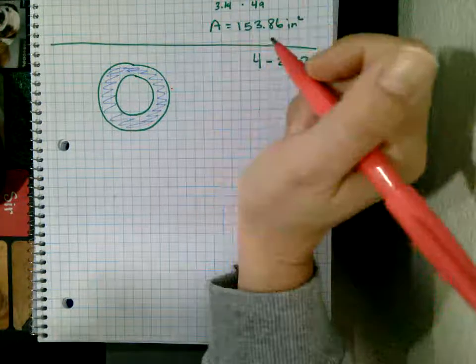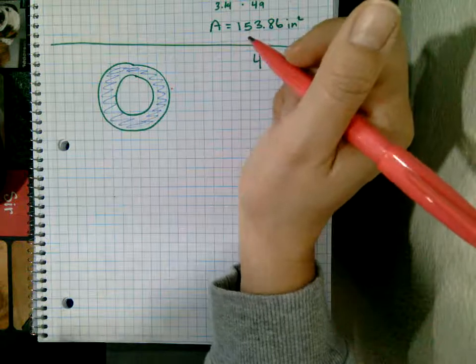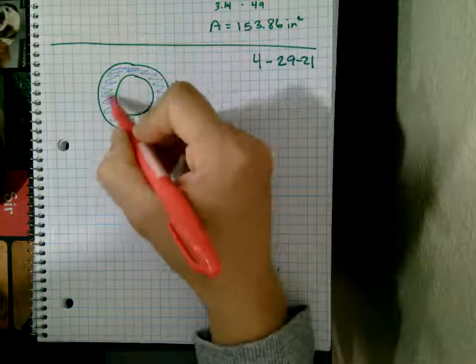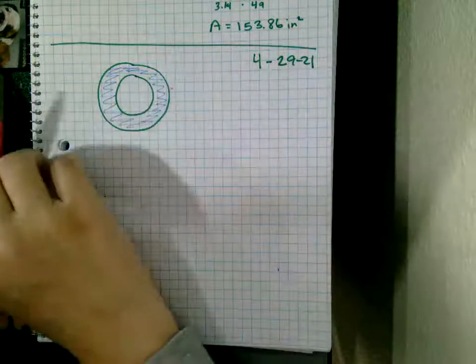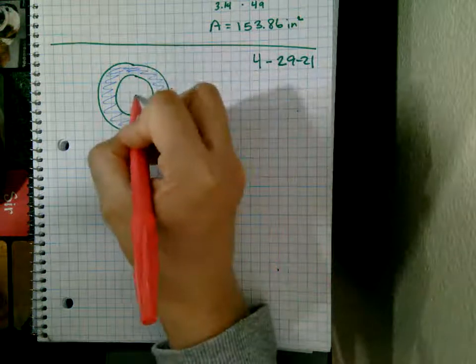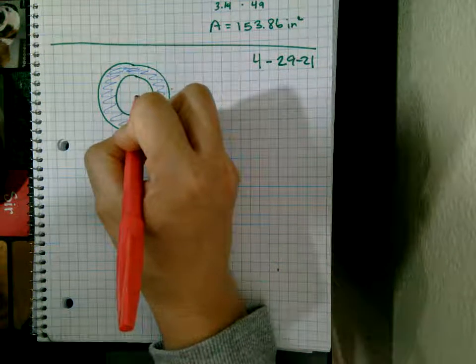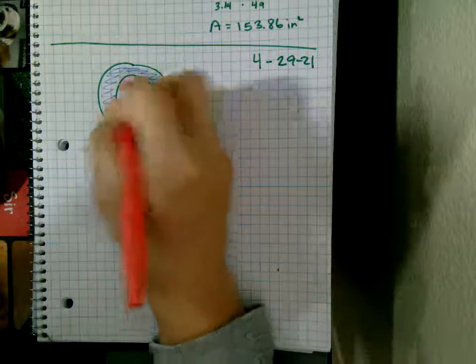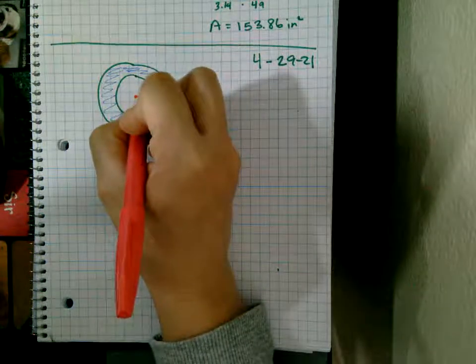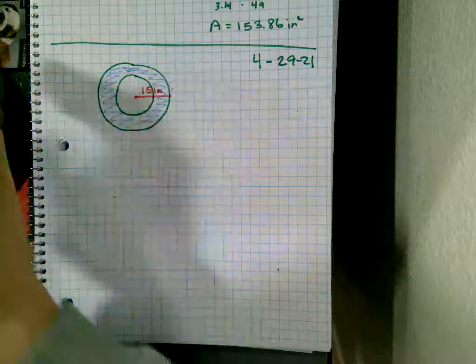Okay, so I want to know what is the area of the shaded region? What's the area of just this part right here? There are 2 pieces of information I need to give you. The radius of the big circle, and I'm going to say that is 15 inches.